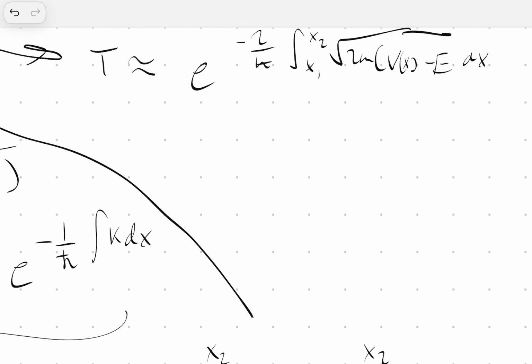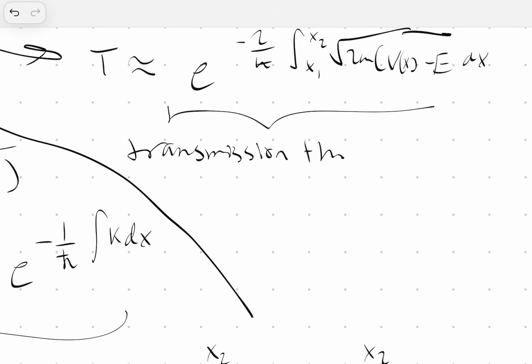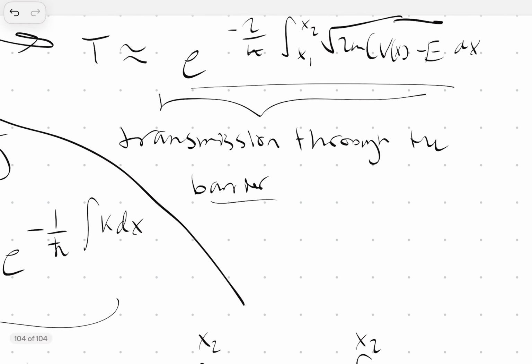Why? It's basically just the probability of transmission through the barrier as this squared amplitude ratio, giving this WKB formula.